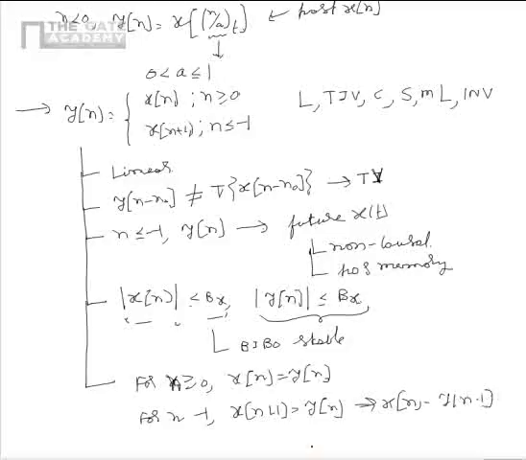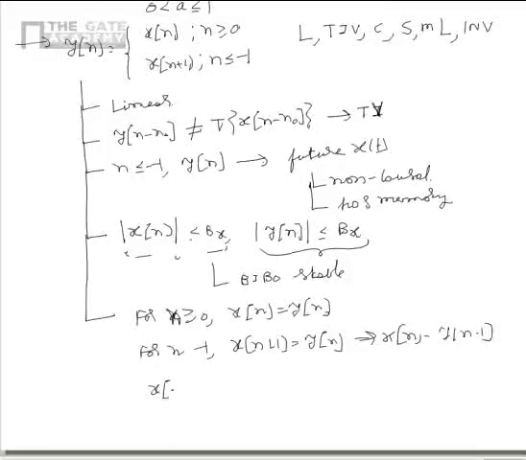From this, we see that the given system is invertible, and the inverse system is x of n equal to y of n for n greater than or equal to 0, and y of n minus 1 for n less than or equal to minus 1.